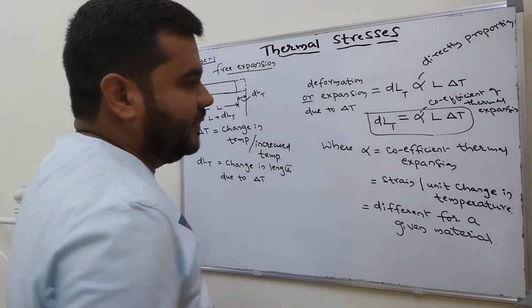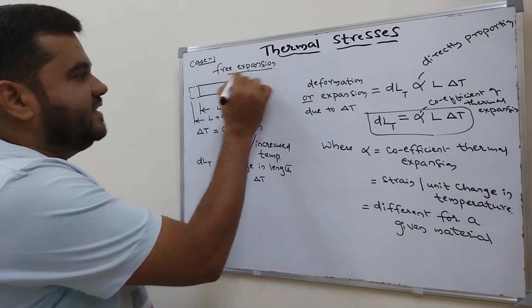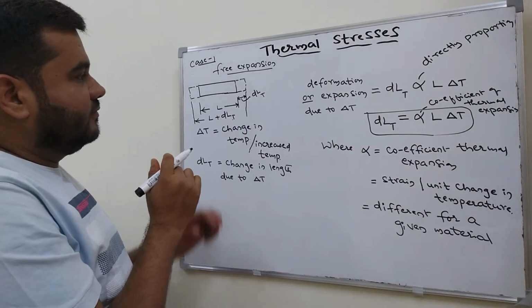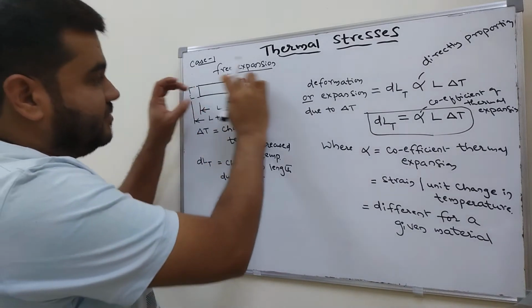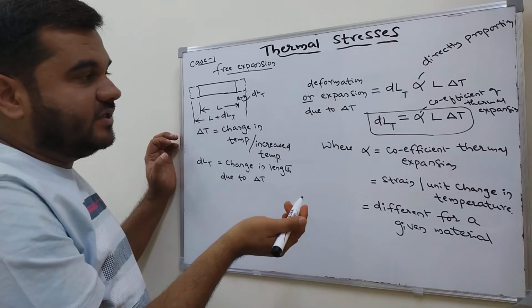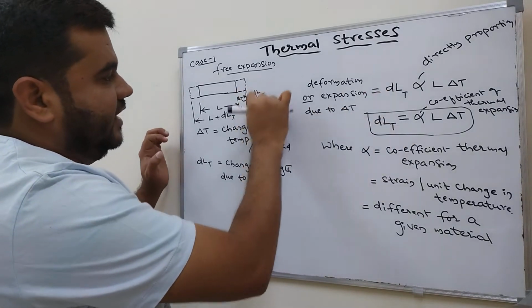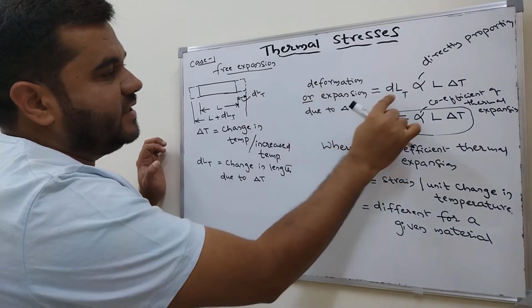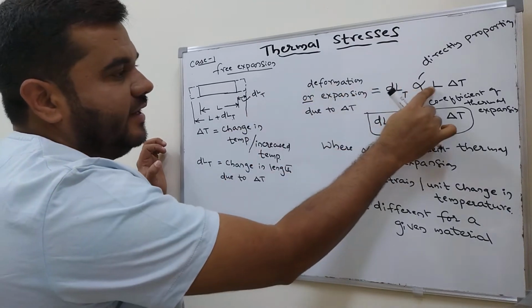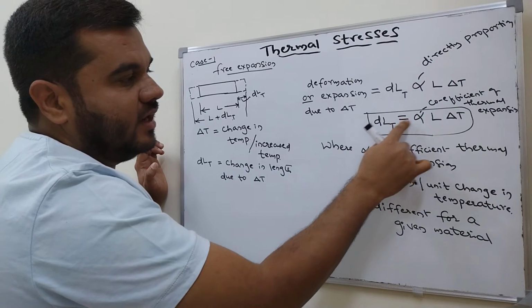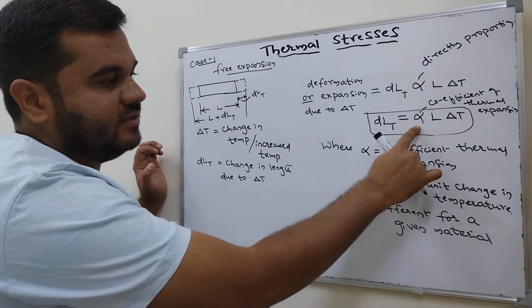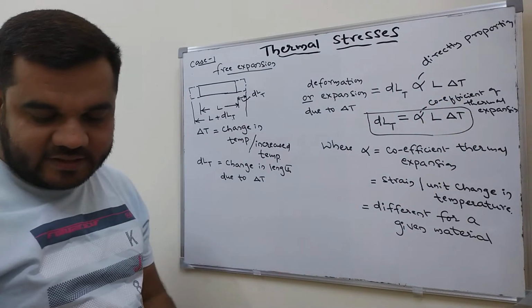This is the first case, free expansion. When it undergoes expansion due to change in temperature, its deformation is directly proportional to its length and its change in temperature. If you remove the proportionality constant, I get the coefficient of thermal expansion into length into delta T.